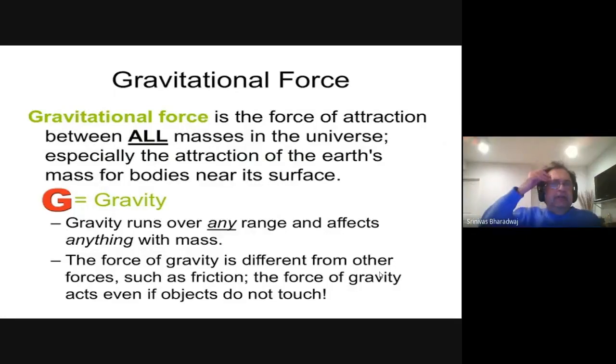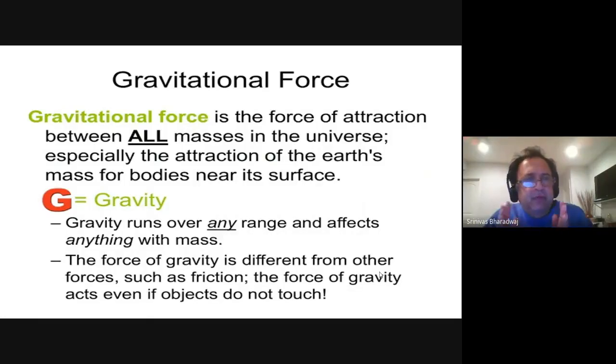Now, what is the gravitational force? The gravitational force is the force between any 2 masses. It's a force of attraction between all masses in the universe, and you shouldn't be confused by that.